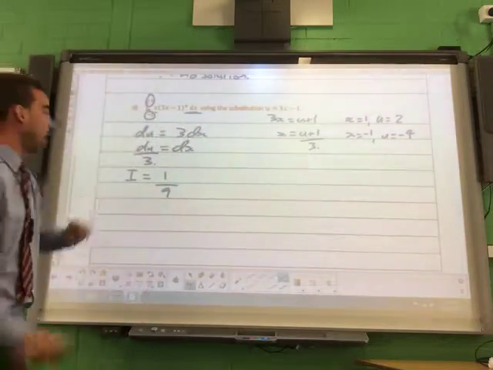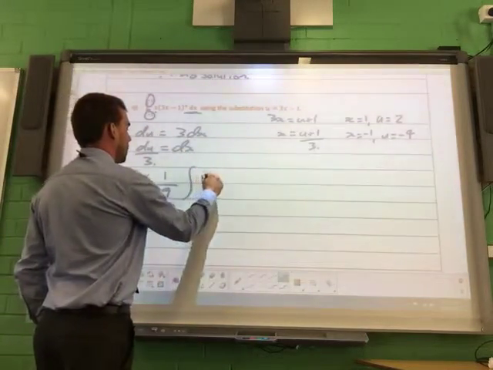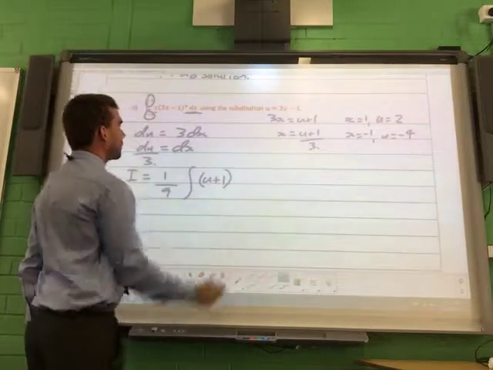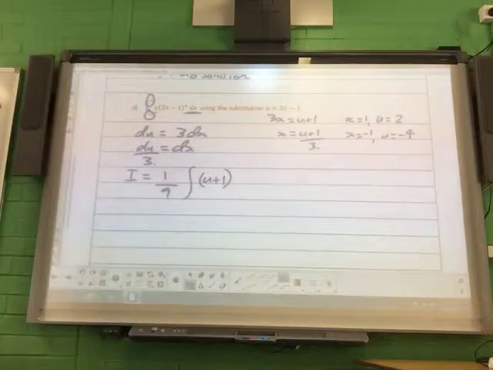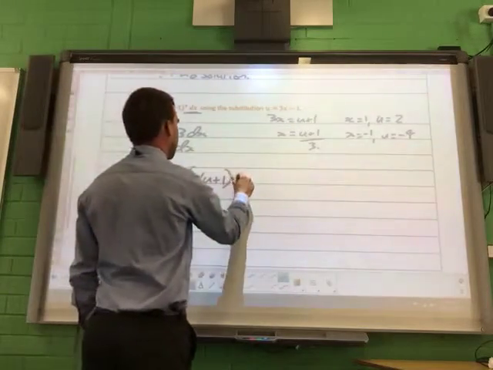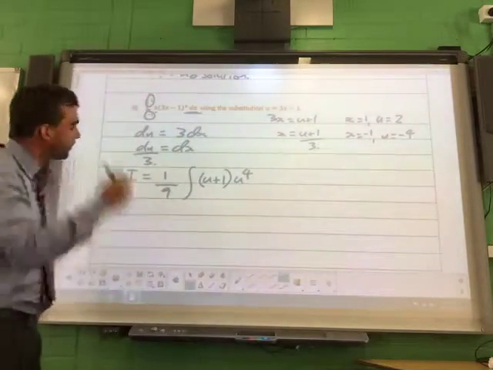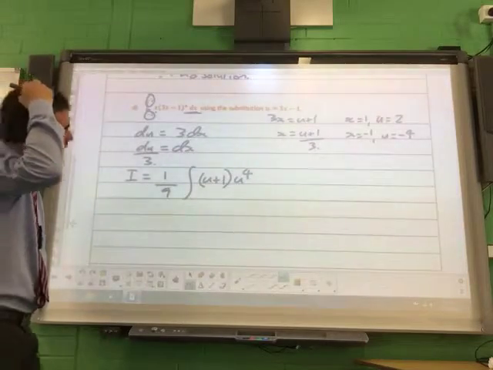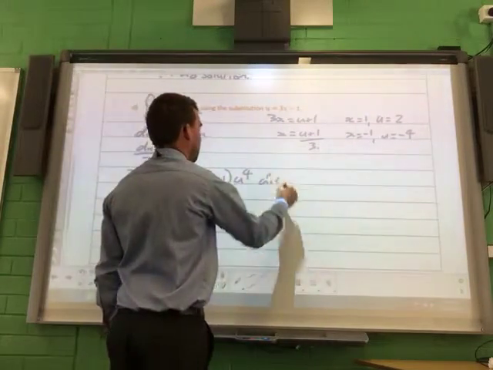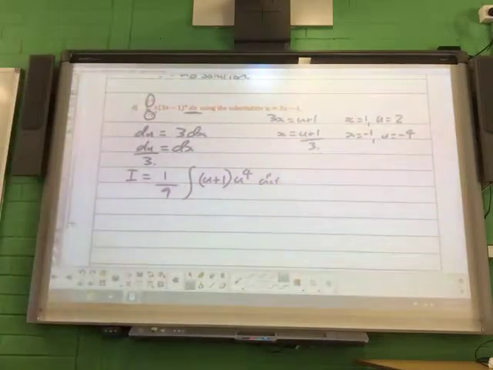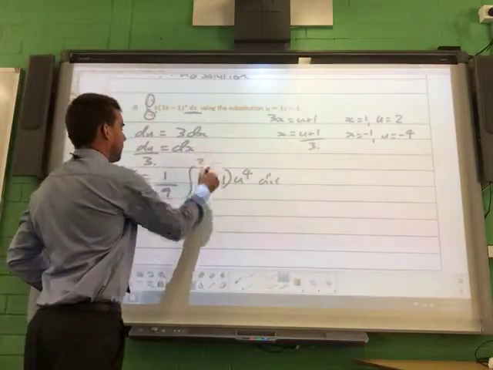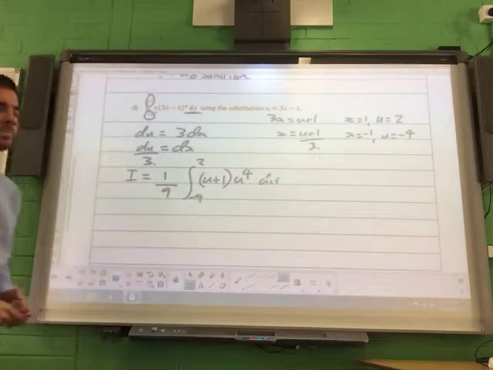The rest is x as u plus 1, and 3x take away 1 is u to the power of 4, du, and my bounds 2 to negative 4.